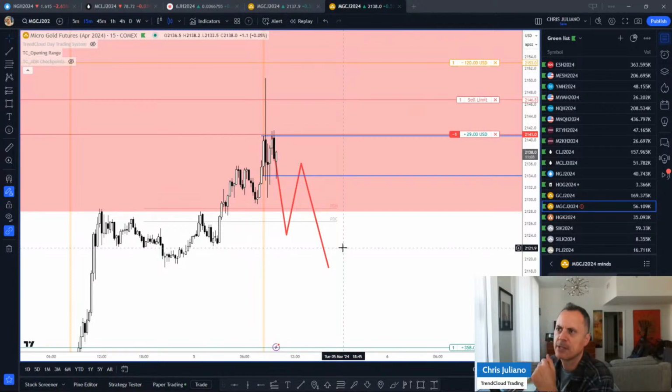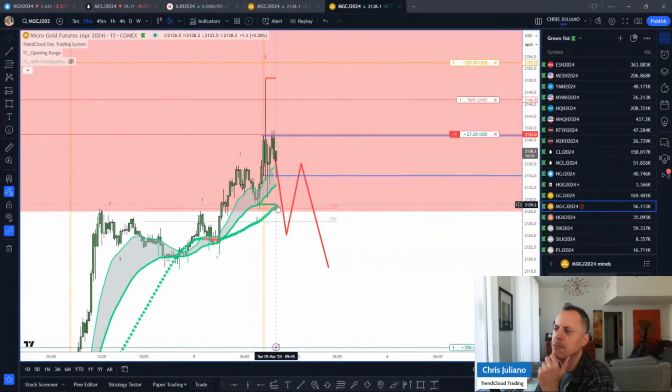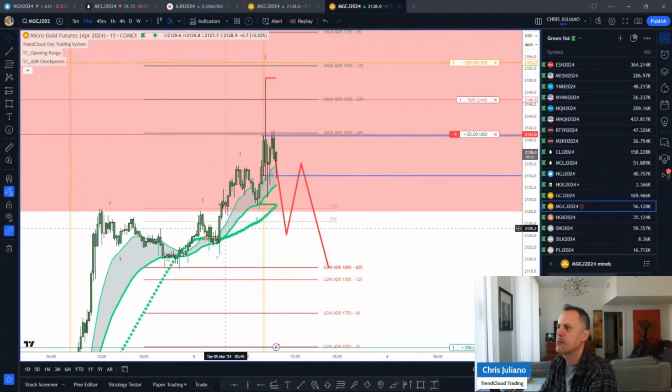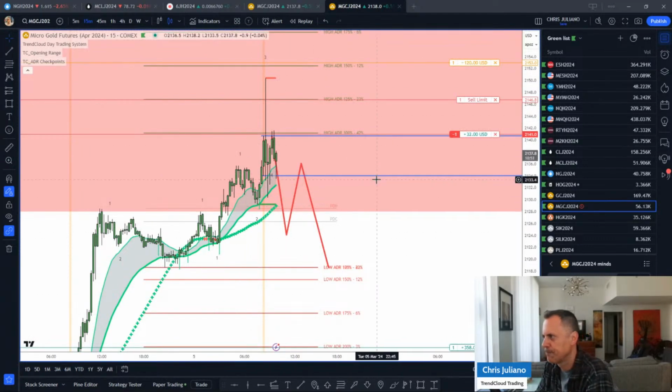Not everybody can see extended trends like we can see them. They don't have ADR checkpoints like we do, so they may not be looking at that. The people who are really technical at big banks, they definitely know.